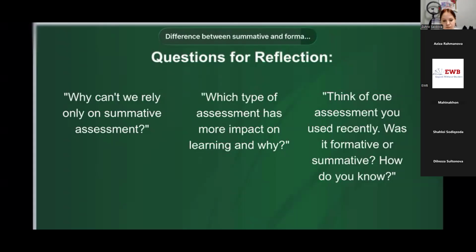So let's think about one assessment you used recently. Was it summative or formative, and how do you know what type of assessment it was?